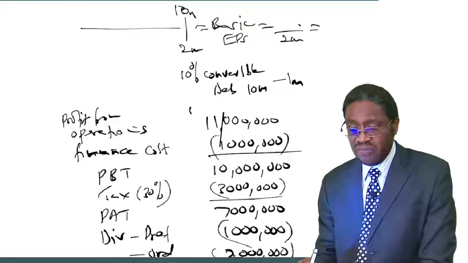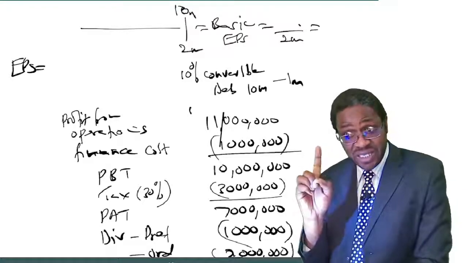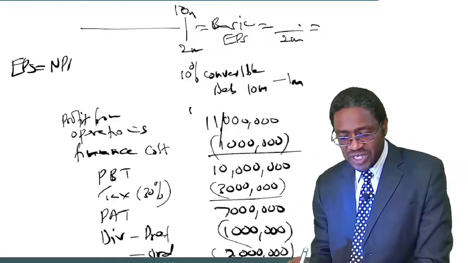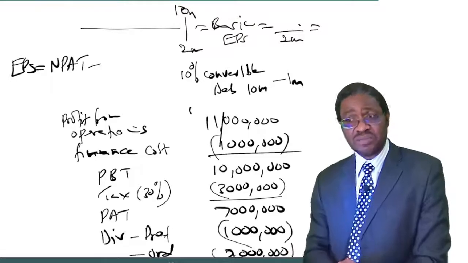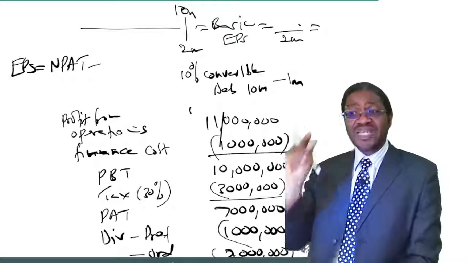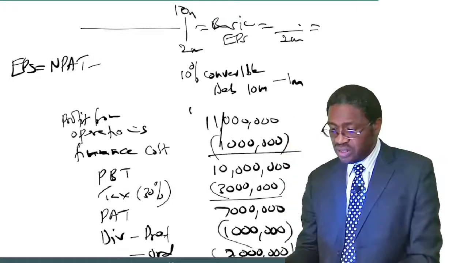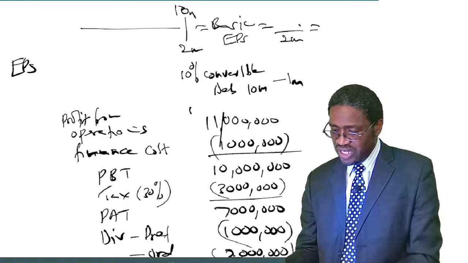You remember, to get the earnings attributable to the ordinary shareholders, you get the net profit after tax, and you less what?